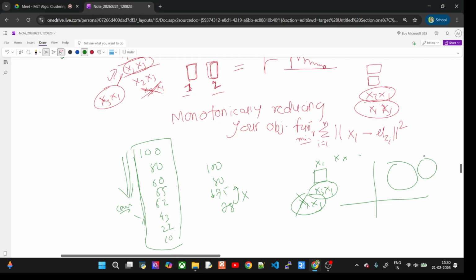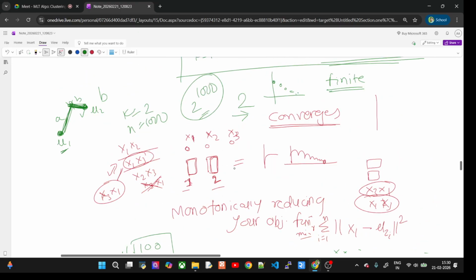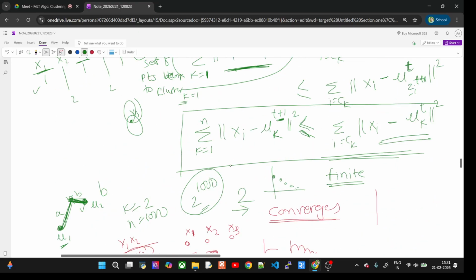It gives you this mathematical proof, but you should always remember why it is jumping: because its current distance is bigger than your future distance, that is why it converges. It will jump, and at one point it is not repeating to the next point.